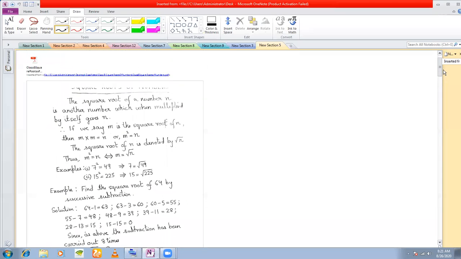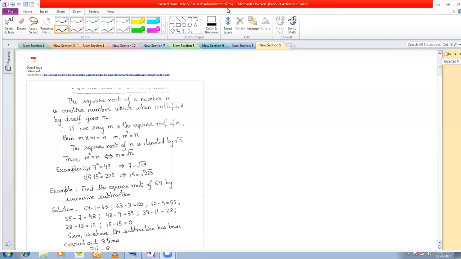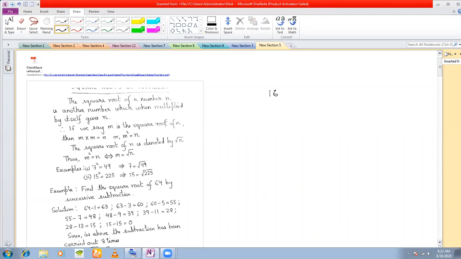What do you mean by the square root of a number? The square root of a number is another number which when multiplied by itself will give you the original number. So for example, let us take a number 16.